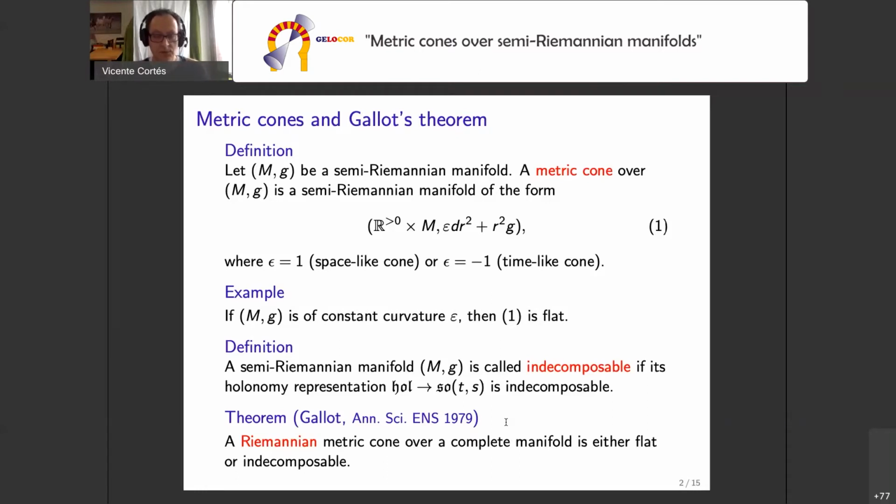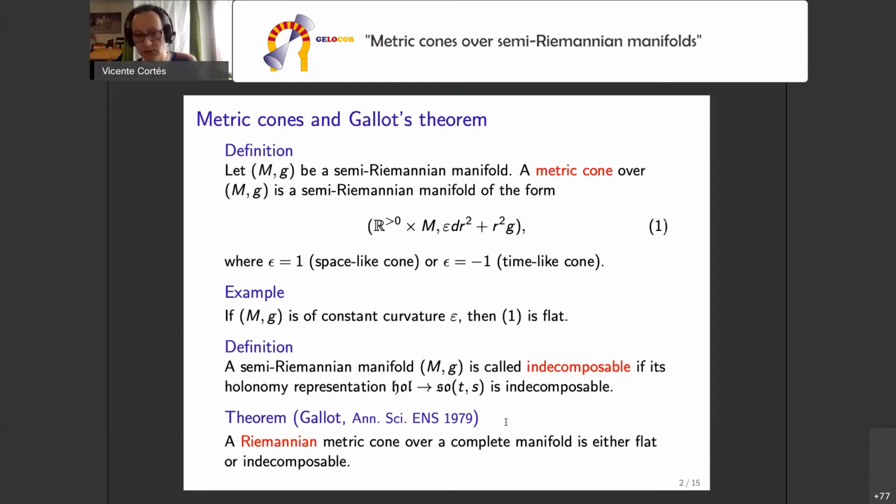And if you know all possibilities for the holonomy groups, you can study and answer this question. This is exactly what Christian Bär, building on previous work by various people, did, and so he was able to solve this problem. Okay, so we will be interested here not in the Riemannian case, but in semi-Riemannian metrics.